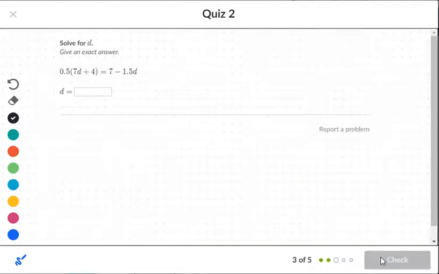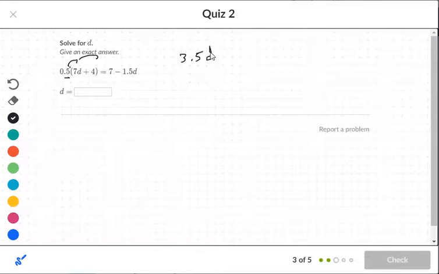Okay, let's move on to the next one. Again, I've got parentheses here, and I want to multiply by 0.5. So 5 times 7 is 35, but you see I have one number after the decimal, so I have to write it as 3.5.